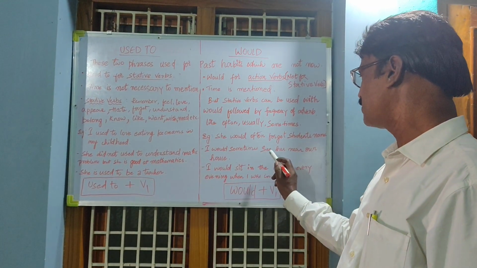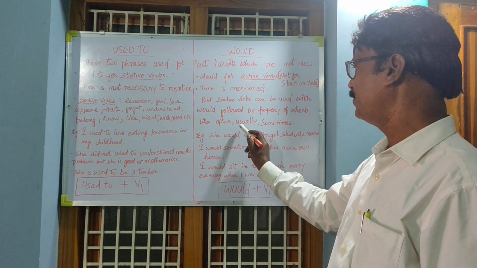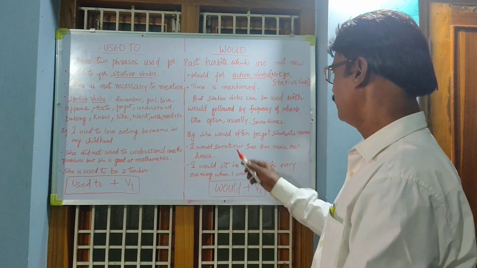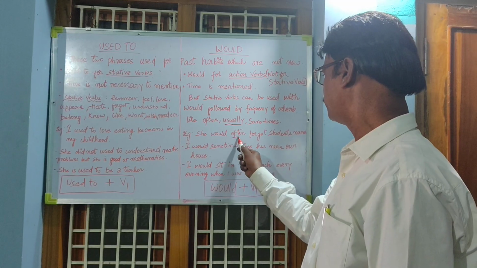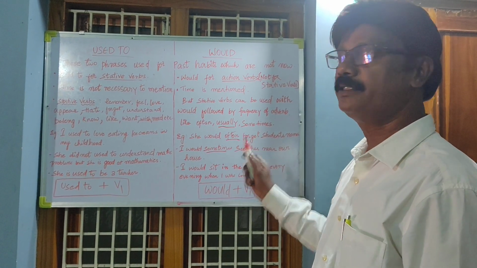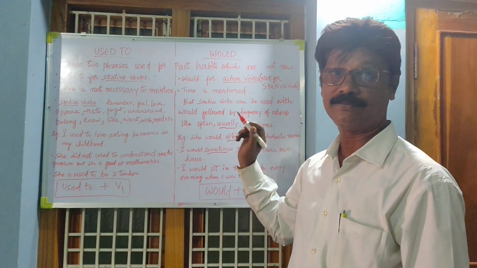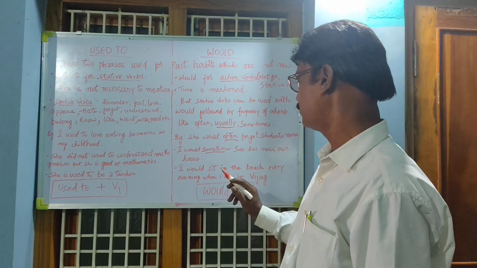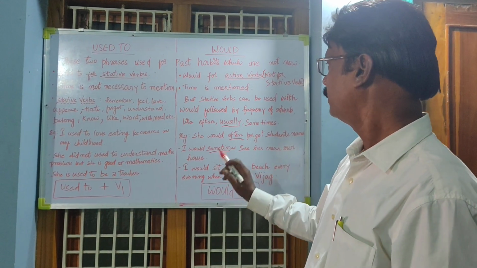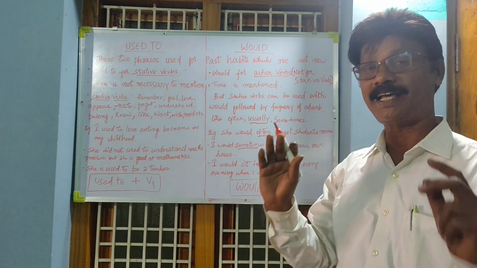I would sometimes see her near our house. Sometimes, often, usually, these adverbs are followed by stative verbs. Another way, for action verbs we can use would when we say the time.